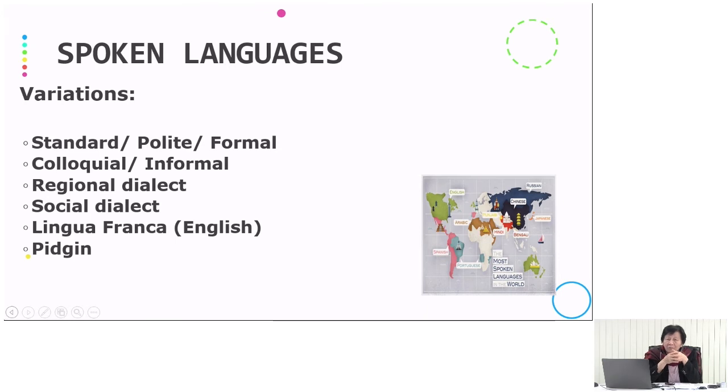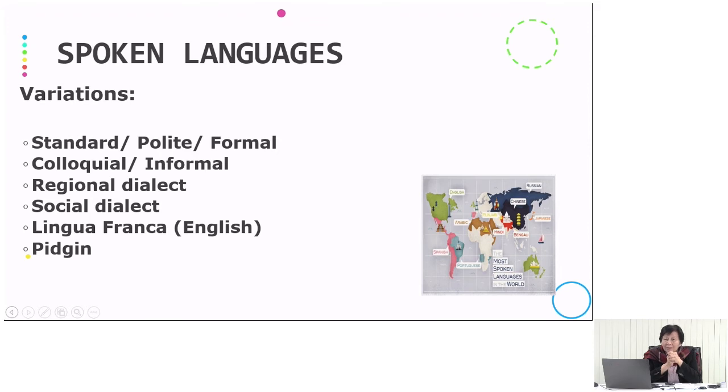For example, the people who speak Hindi in India and use English as the official or standard language.